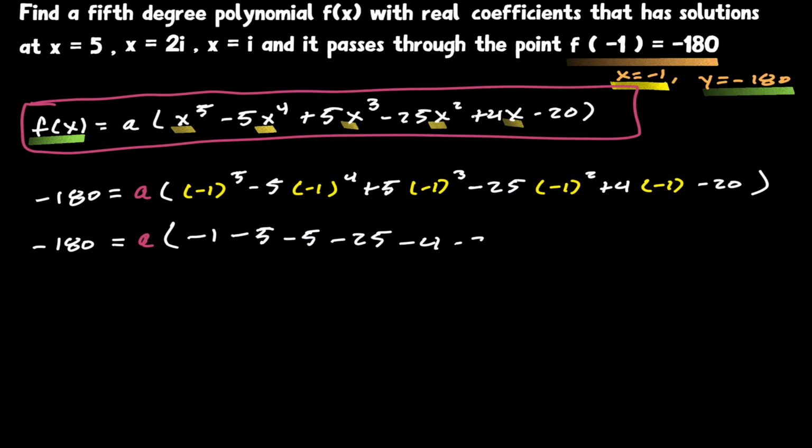And let's bring down the -20. Let's continue our calculation. Let's bring -180 down, times the value of a. And now, all this expression on the right-hand side, when we combine it, is equivalent to -60.